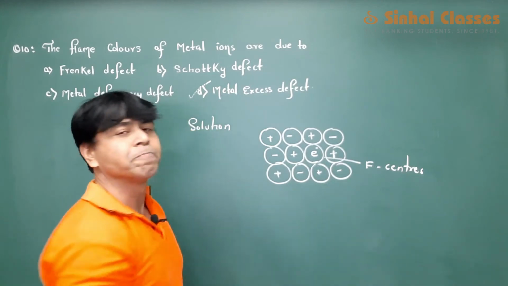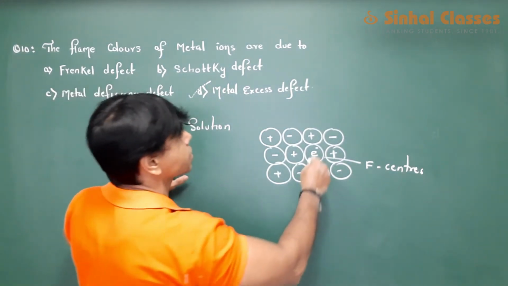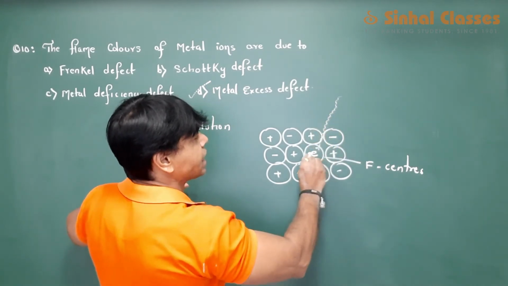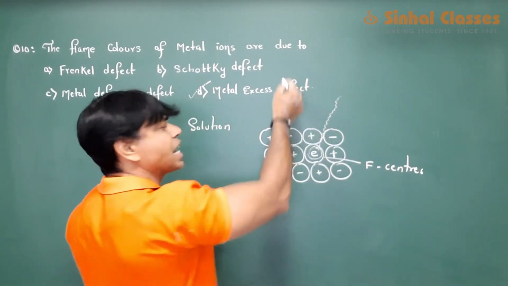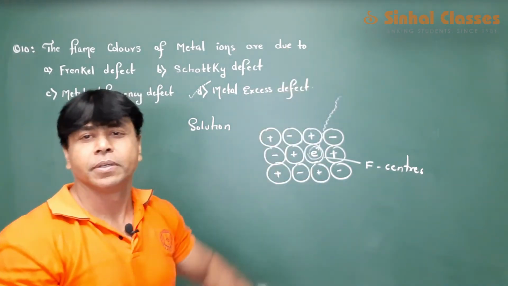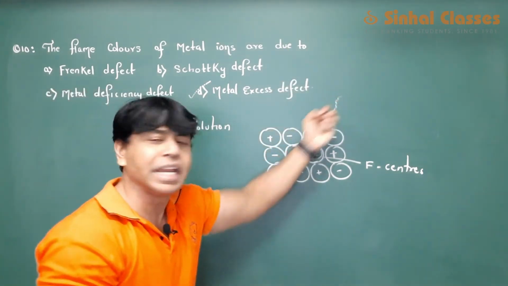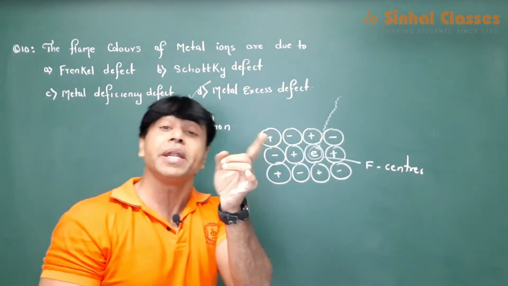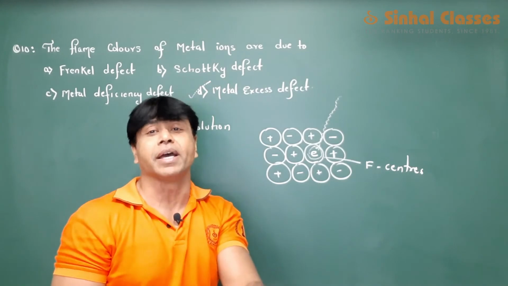F centers. So now what happens is, when light of certain wavelength falls on it, it absorbs energy and gets excited. This electron jumps up by absorbing energy of a certain wavelength, and the complementary color is seen by us.